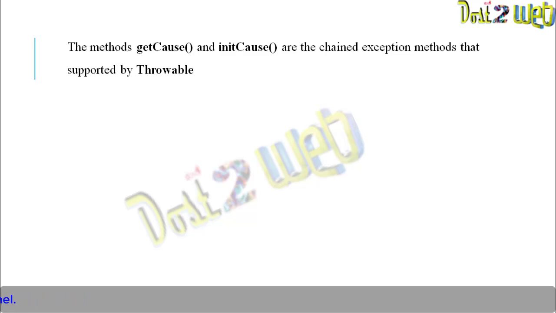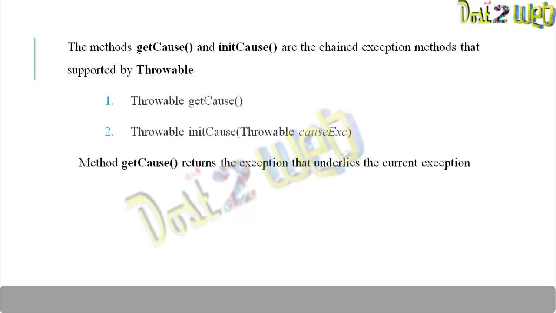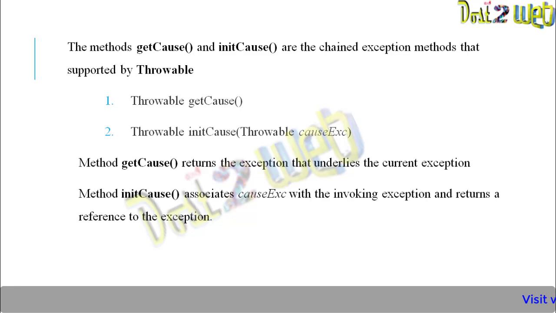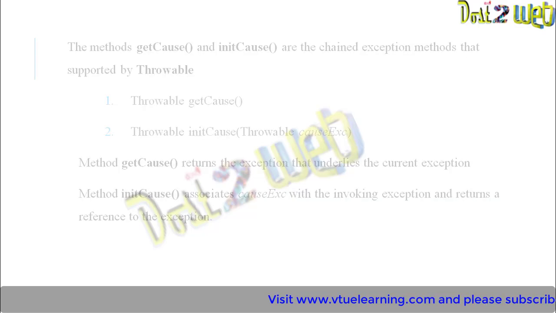You can use them with the help of Throwable, like Throwable getCause and Throwable initCause. getCause returns the exception. It is associated with initCause and the cause exception. It will invoke your exception and return the reference exception.